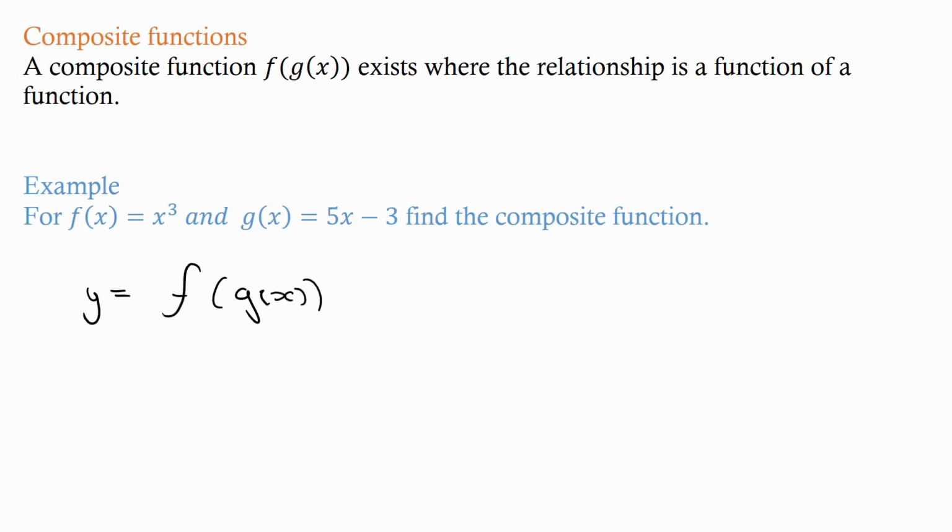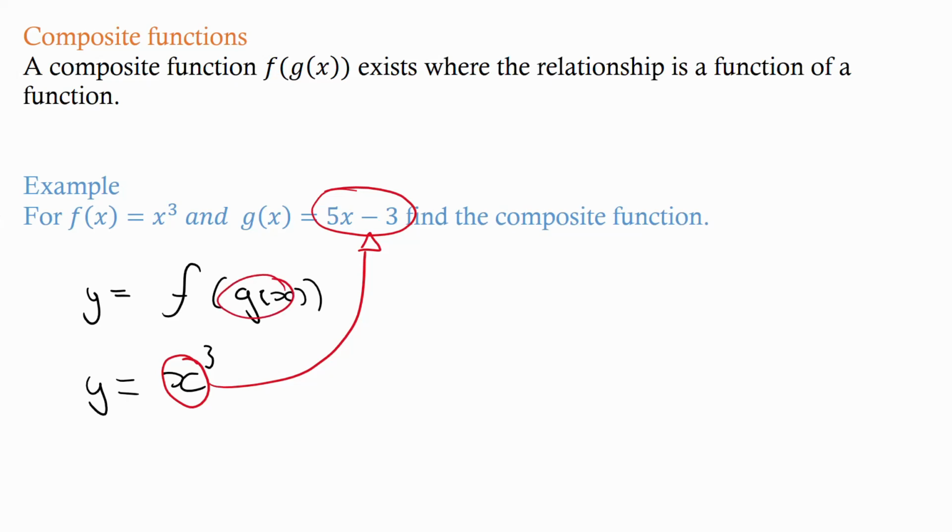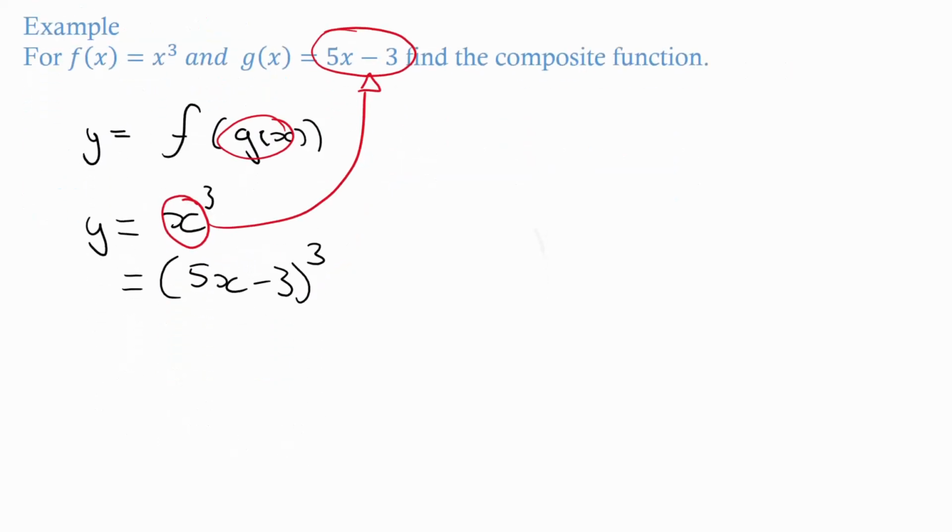So let's say I have my x cubed here. This x here is essentially changing to this here, because all my x's are now changing to g(x). So what I do is just go (5x minus 3) cubed.